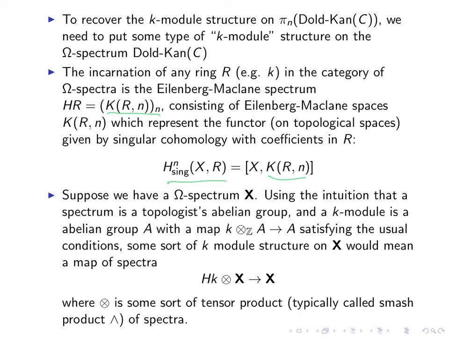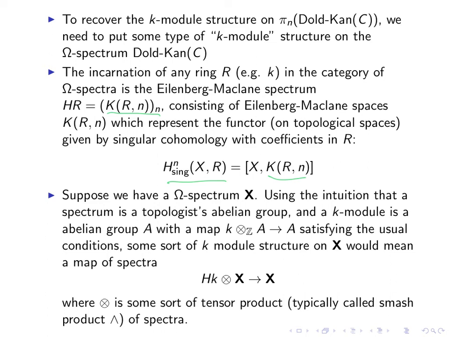Suppose we have an omega spectrum X. Using the intuition that a spectrum is a topological abelian group, a K-module is an abelian group A along with a map from the tensor product of K and A to A satisfying the usual conditions.